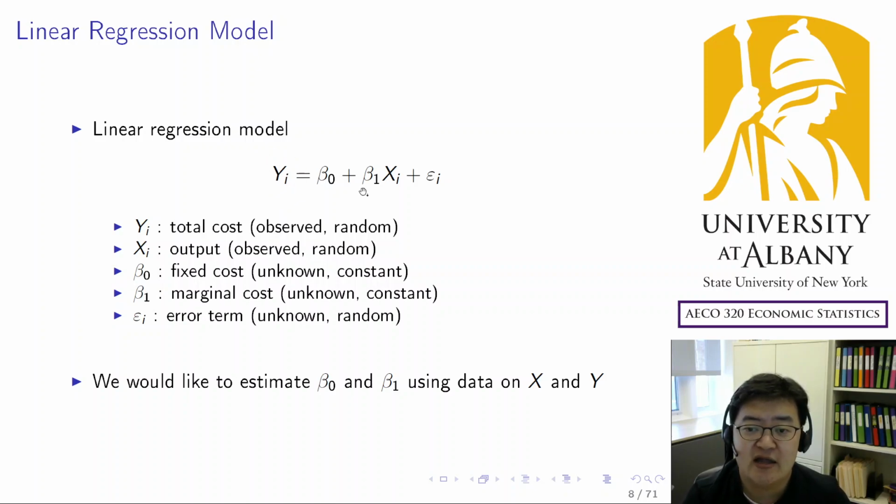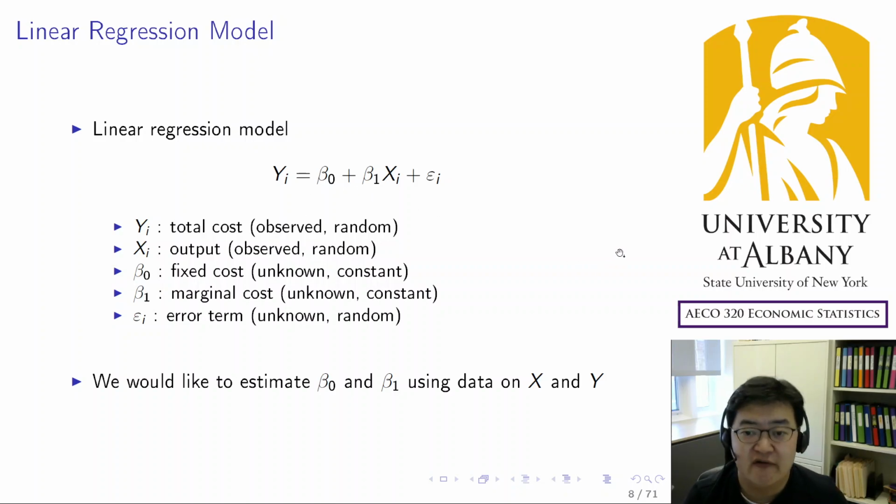First, you should be able to tell what's observed and what's not. So y and x, the total cost and the total output, are what you observe. So that's exactly the data. Your data only gives you y and x. And beta 0 and beta 1, the fixed cost and the marginal cost, are the unknown parameters. You would like to estimate beta 0 and beta 1.